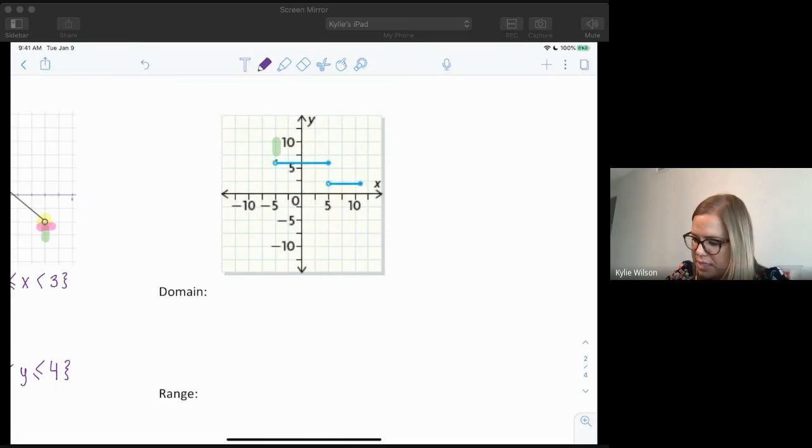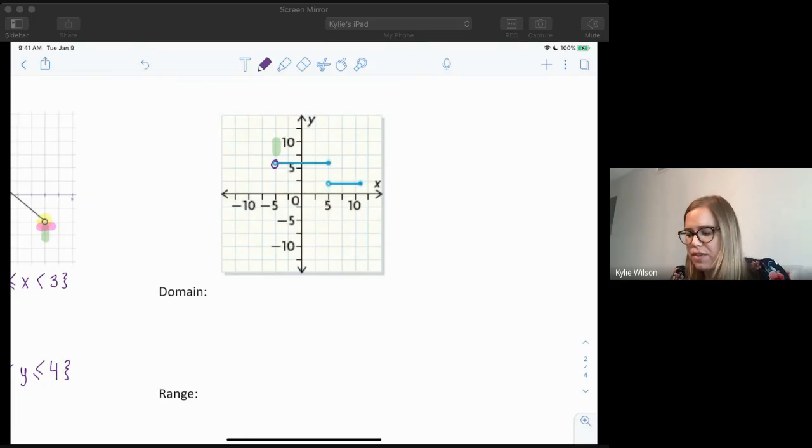Okay. So this being an open dot means that that endpoint does not count in the domain. It means that my line goes towards my dot, but doesn't actually touch it. So that point is not included. So my domain goes towards -5, but it never actually touches -5 is the idea.